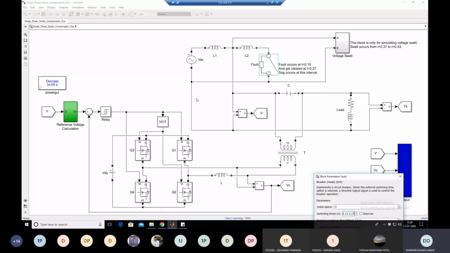This is very easy. Again, during normal condition, current is flowing from supply positive, inductor, capacitor, load, and negative. Because the breaker at that time is in open circuit condition, current is not flowing into this open path. Clear?